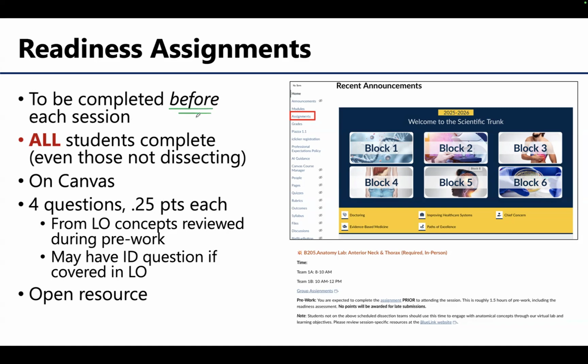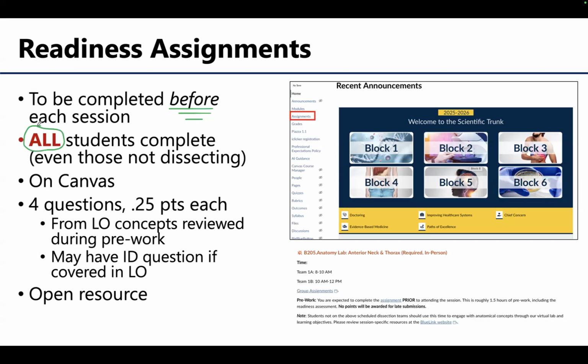So key here is this is due before each session. And all students, all with a capital ALL, must complete the readiness assessment, not just the dissecting team. So make sure that you pencil in, on whatever schedule you're using to organize your work, that these readiness assignments are due before each anatomy session.